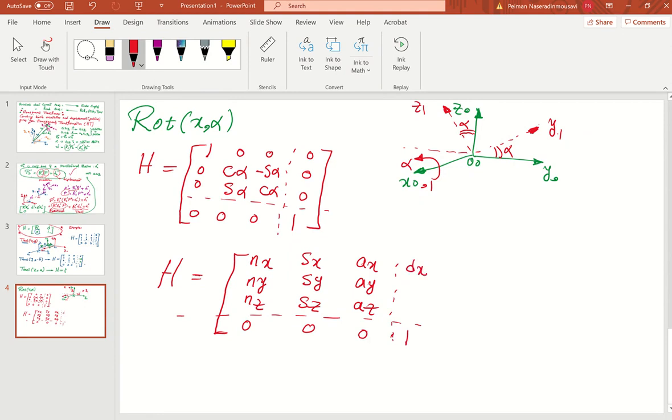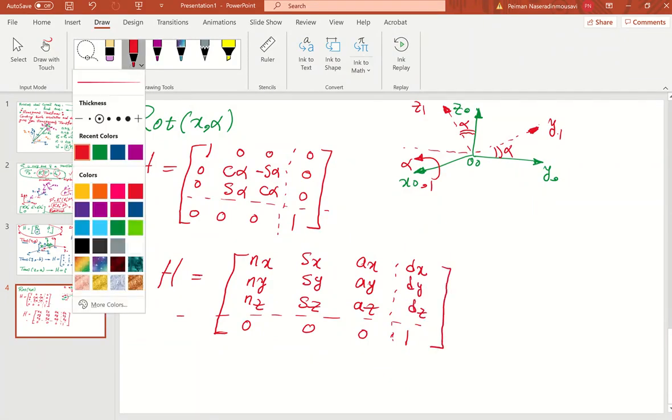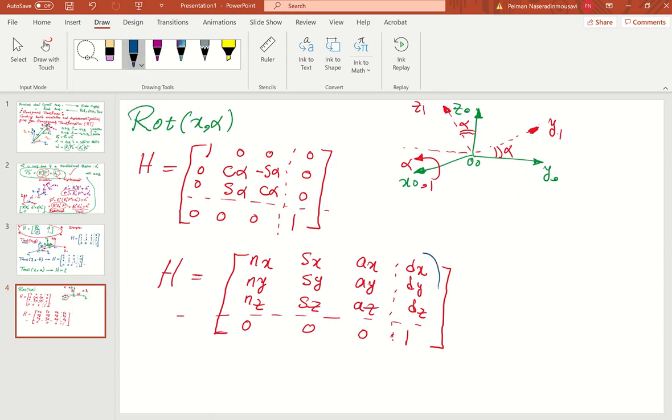Now dx, translation in the x direction of the origins of the frames, dy and dz. That's right. So again, here are the translational motions of the origins with respect to each other, and this is the rotation of axes.